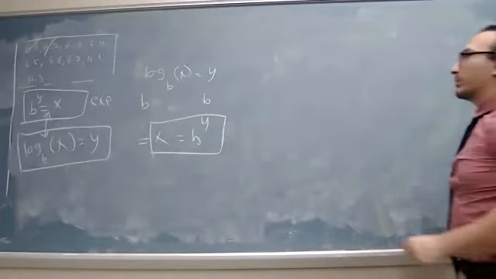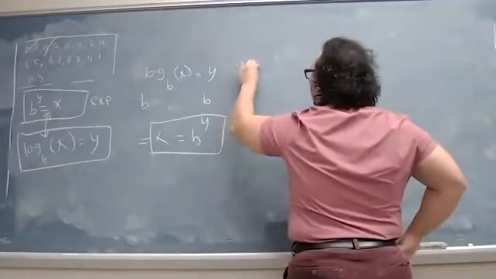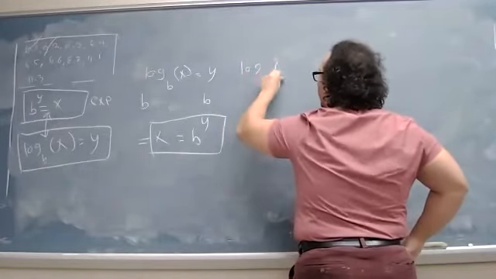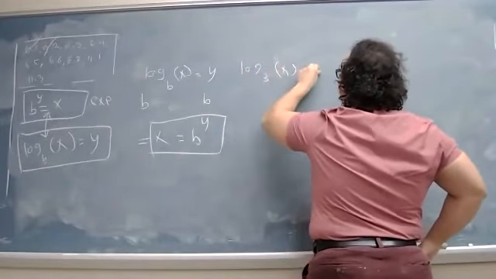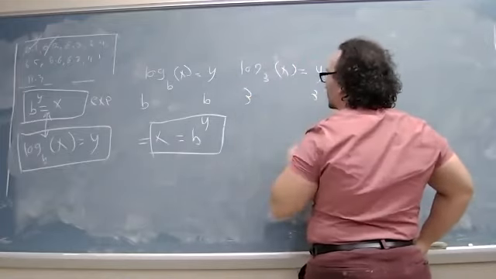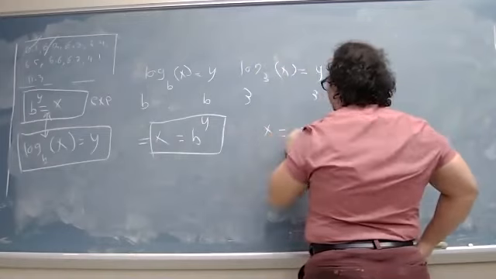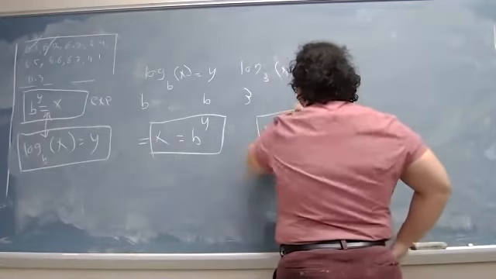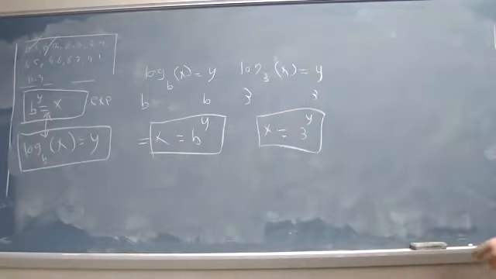So for example, if I had log base 3 of x is equal to y, then I would say 3 raised to this side, 3 raised to this side, and then I would get x is equal to 3 to the y. So b is just a placeholder for any kind of number we could want.